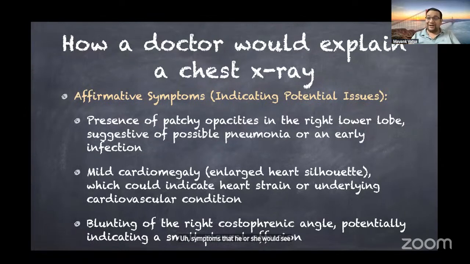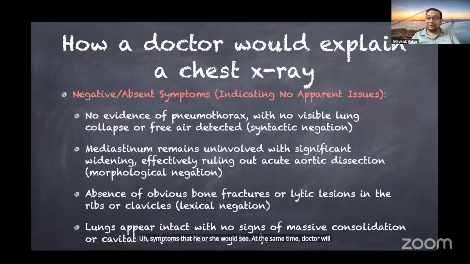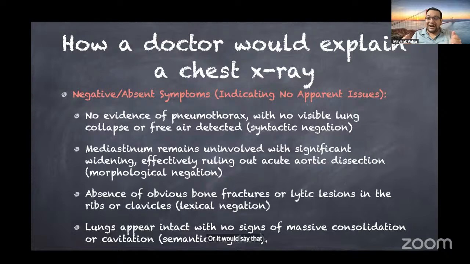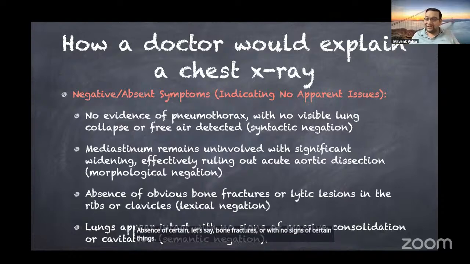At the same time, the doctor will also talk about what symptoms he or she is not able to see, in order to arrive at a decision about what the disease is. The doctor will say there is no evidence of a particular disease, or that something is uninvolved, absence of certain bone fractures, or no signs of certain things, right?